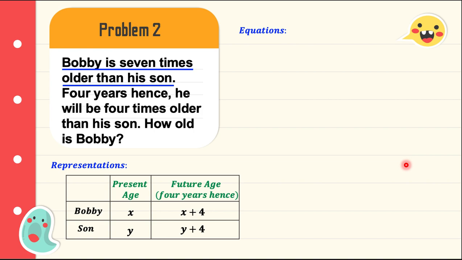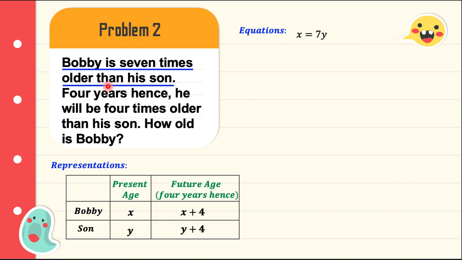So again, your first sentence talks about the present age. So we're going to look at the table under the present age, which is x for Bobby and then y for his son. So Bobby, so that is x, is equal sign, 7 times as old as his son. So 7 times his son, which is y. So your first equation will be x equals 7y.